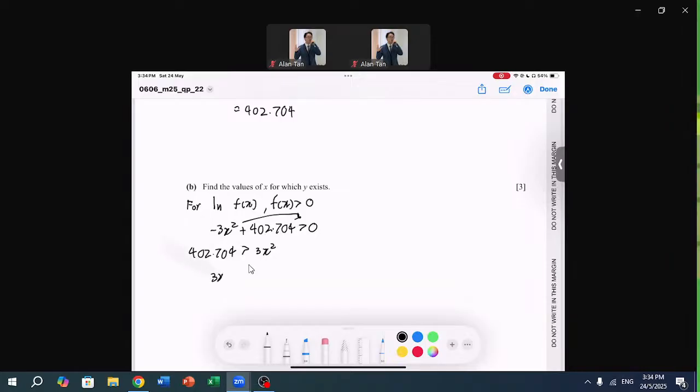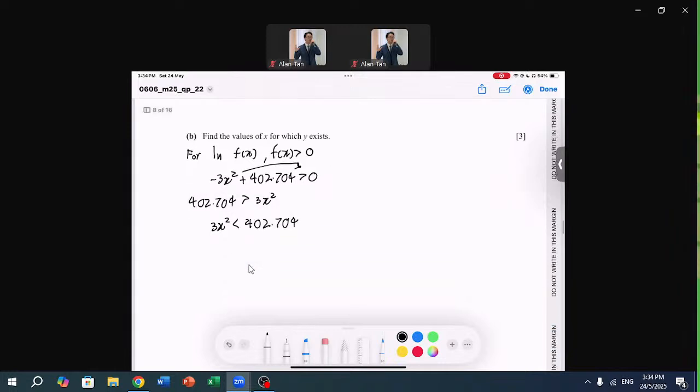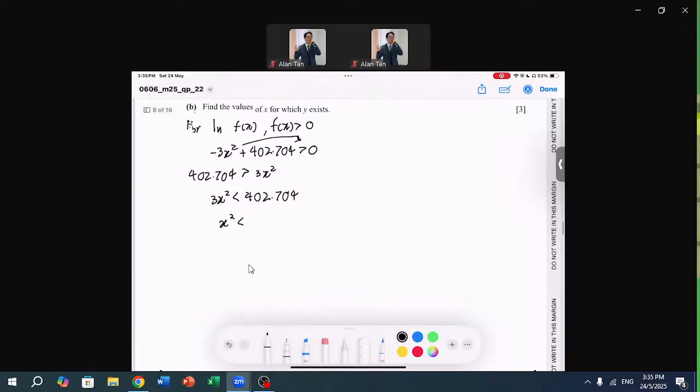In other words, reversed, 3x squared must be less than 402.704. So 402.704 divided by 3, x squared must be less than 134.234.